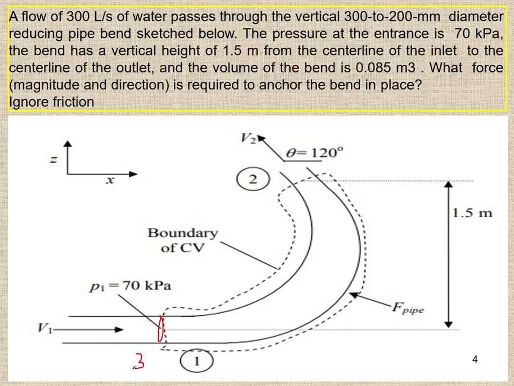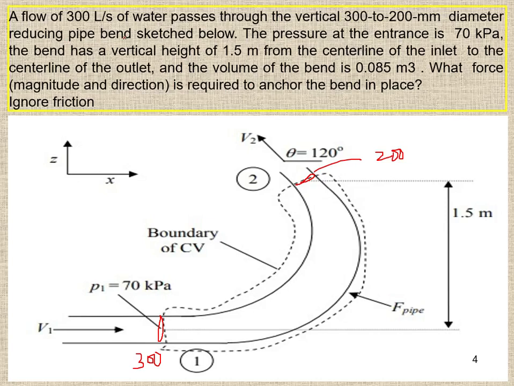The 300 is given at the inlet at point 1, and here the diameter is reduced, so it becomes 200. So this is basically a reducing pipe, you can see here.